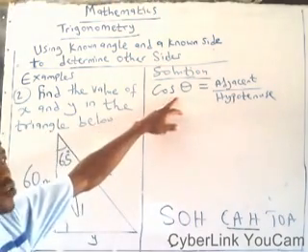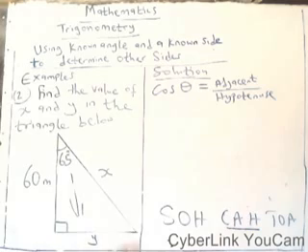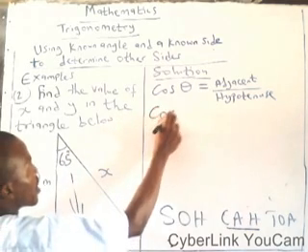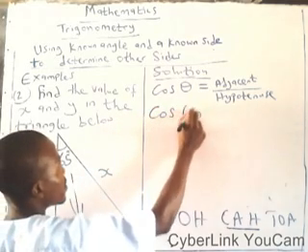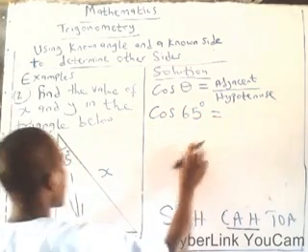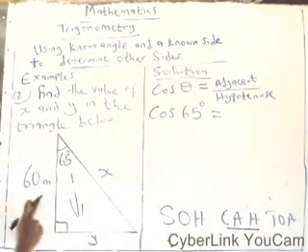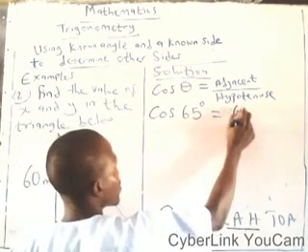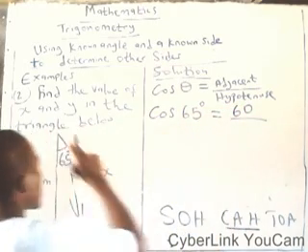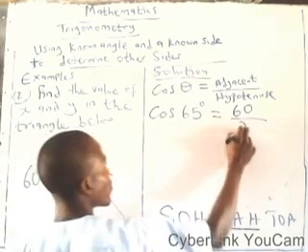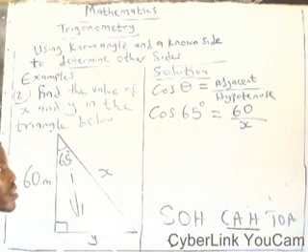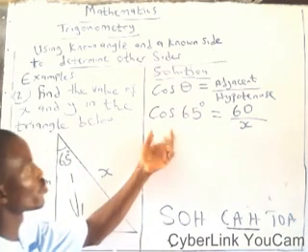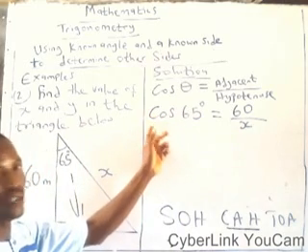If the theta means the angle given is what? 65 degree. You now have cos 65 degree is equals to, and the adjacent is what? 60. 60 all over, what is the hypotenuse? X over x.